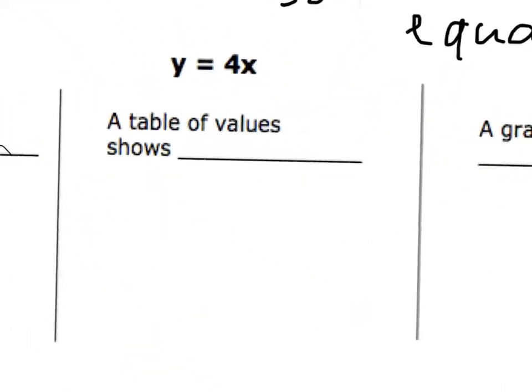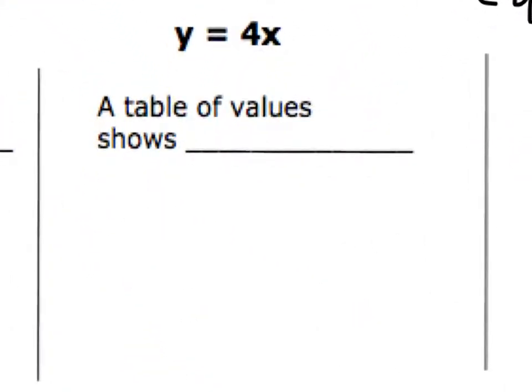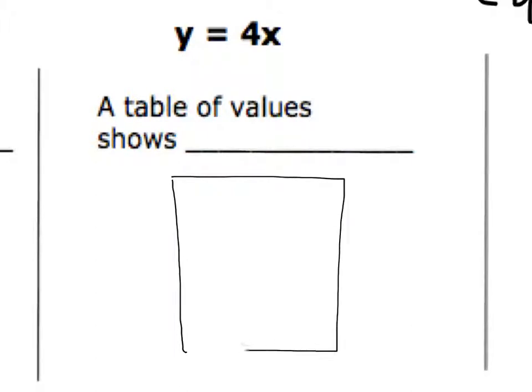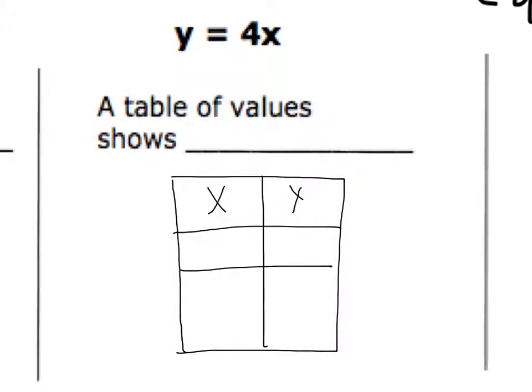Okay, the second type of way to see solutions is by a table of values. You've seen table of values. It would look something like this, where you have your x's on one side and your y's on the other. Now, when we're doing table of values, you will always use the same values every time.